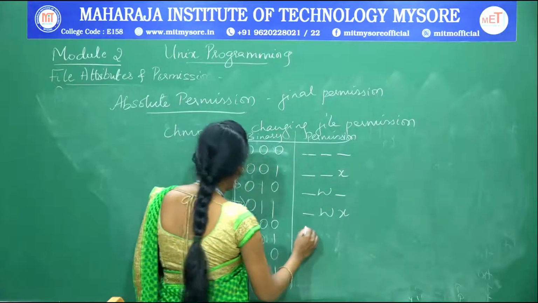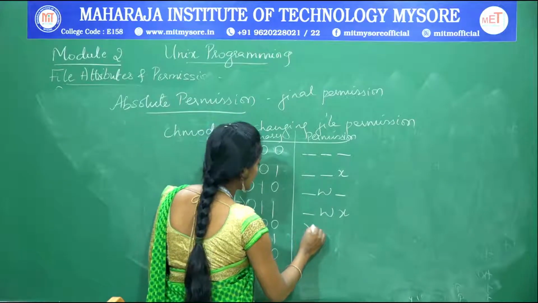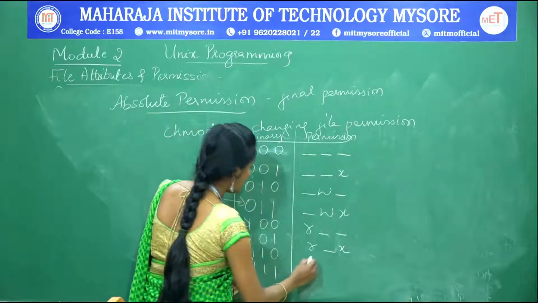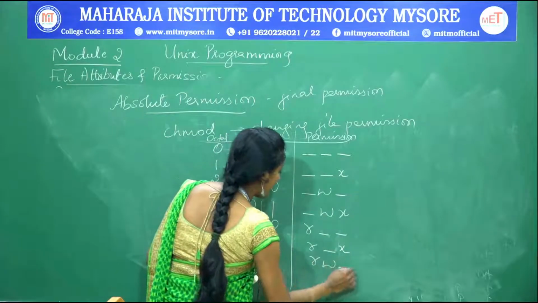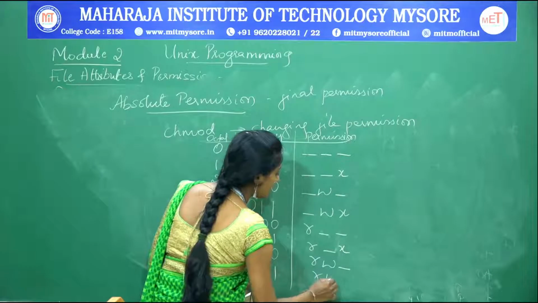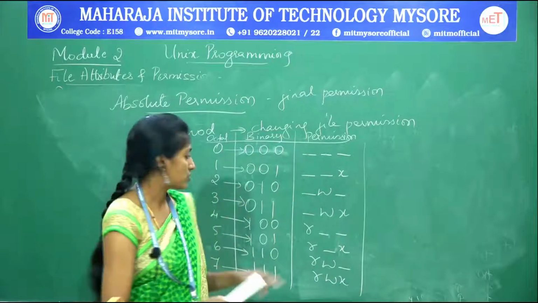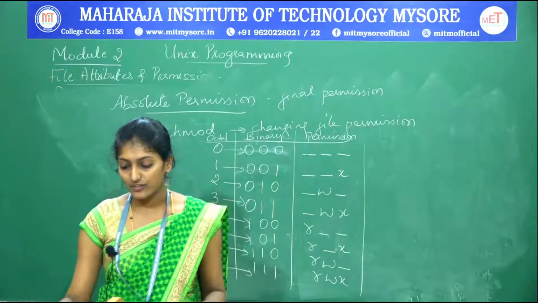So for 4, read is enabled. For 5, read and execute. For 0, read, write, execute are absent. For 7, all the 3 are enabled. This is how you provide the file permission for the 3 categories of user.